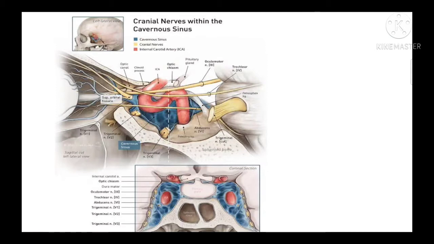You're going to find them in the foramen ovale, also in the foramen rotundum. There is an inconstant foramen, the venous foramen of Vesalius, and also we can find it in the foramen lacerum.